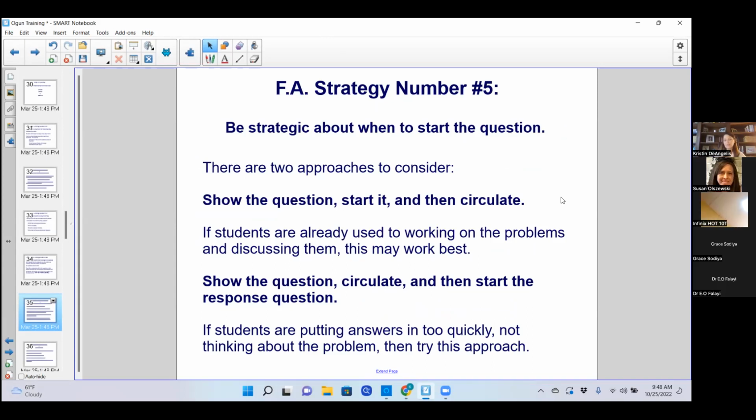Sometimes if you start a question, show it on the board and let them put their answers in right away, they're answering without even talking, without really thinking much about it. The same thing with stopping. Don't give these questions too much time. A couple minutes, 2 minutes max, and you're moving on. It should not take long.